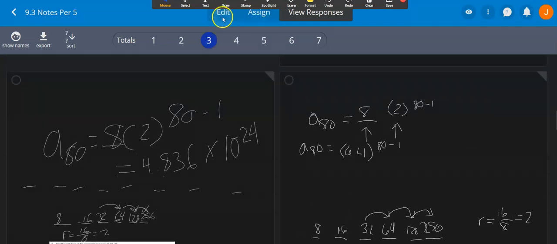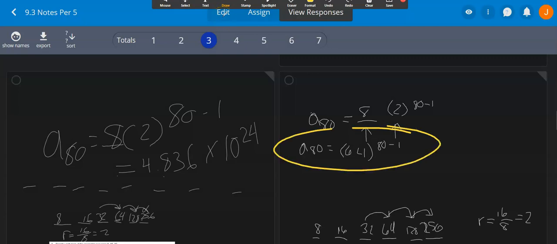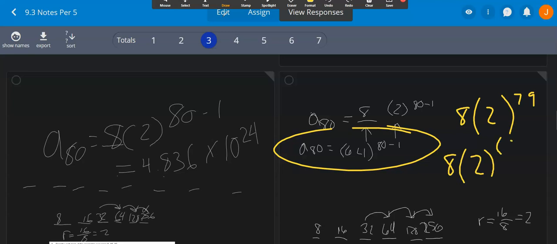Here's a mistake you need to avoid. You can't take, it's not 8 squared. It's not even 8 times 2. You can't put 16 to the 80th minus 1. You literally need to type something like this, or like this. You can put 80 minus 1 in parentheses like that if you want to.